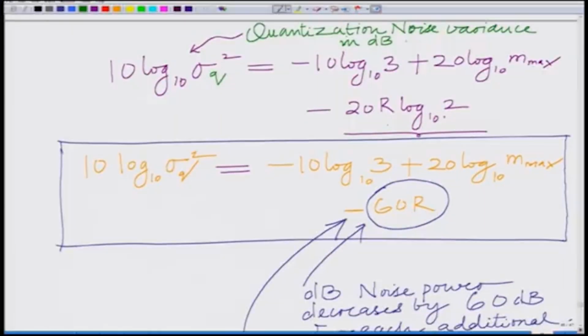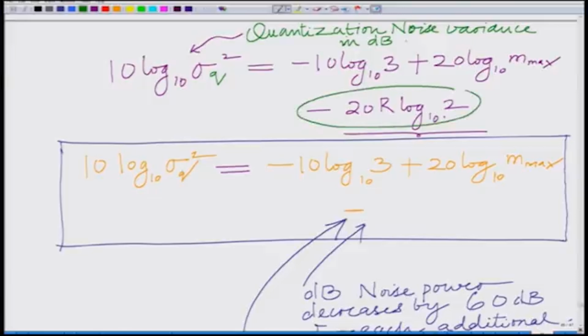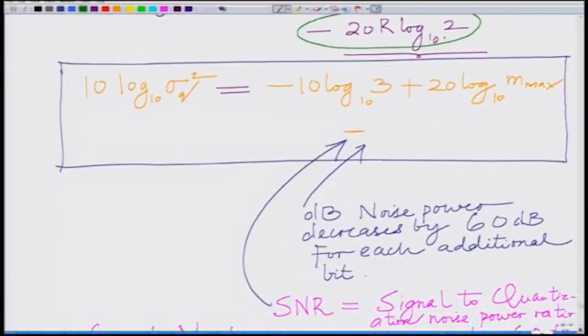Now, 20 r log 2 to the base 10 equals 2 r into 10 log 2 to the base 10, and 10 log 2 to the base 10 is 3 dB.